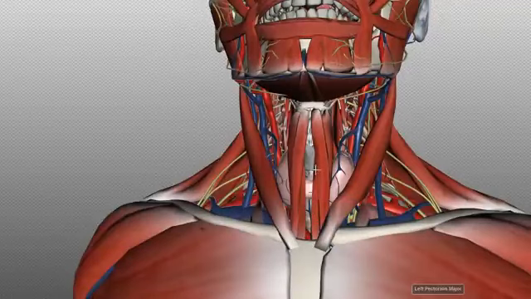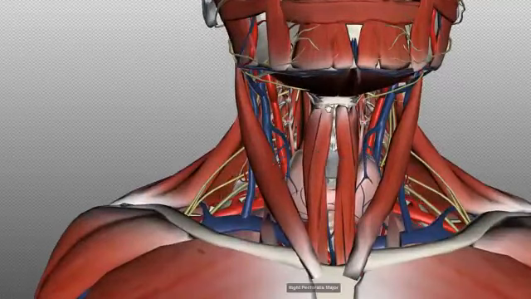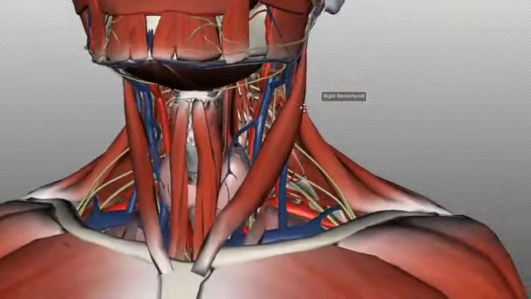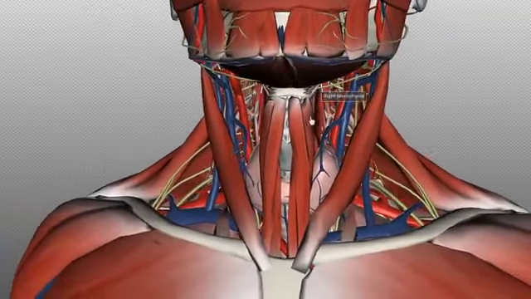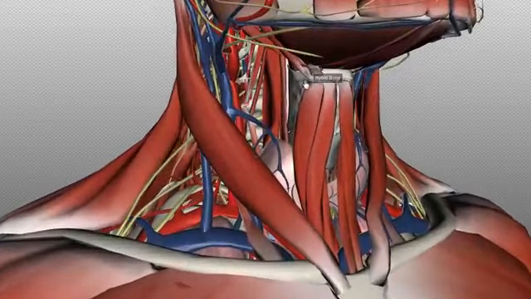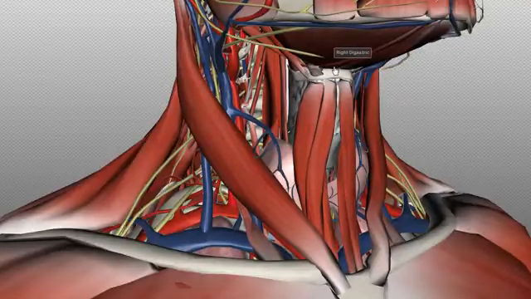As you can see here, there are several structures which run in the anterior triangle of the neck, and I won't go into huge detail on what these are, but I'll just quickly go through them. So you can see this bone here. This is the hyoid bone, and this bone is important because it forms the attachment for many muscles which make up the floor of the mouth, and it provides attachment for the tongue muscles, and it's involved in swallowing.